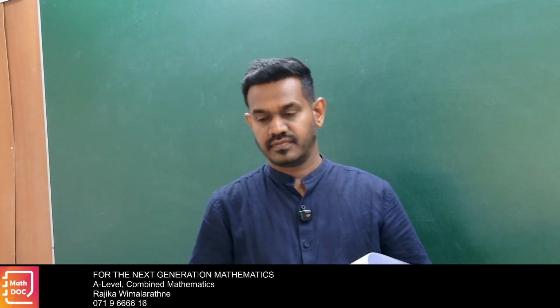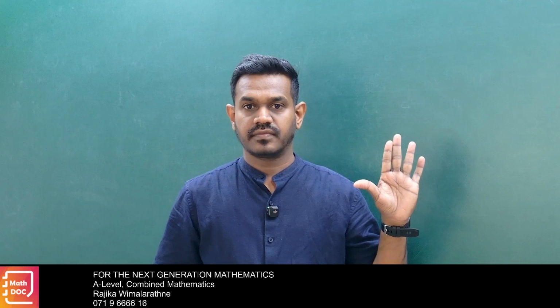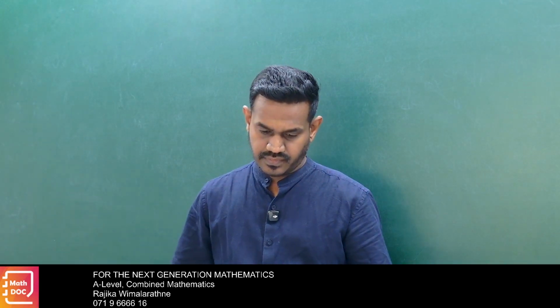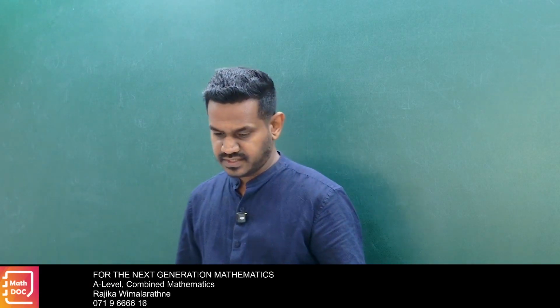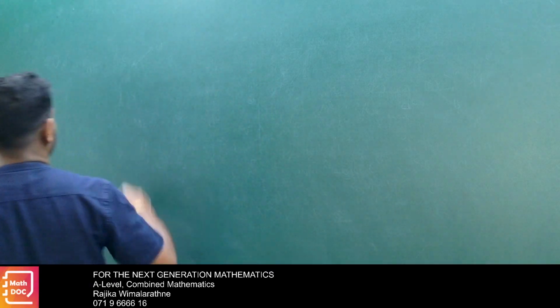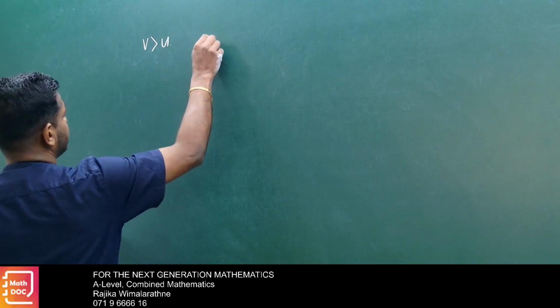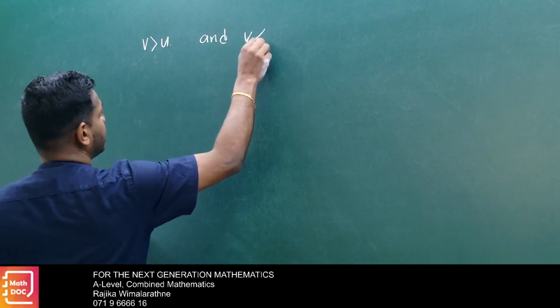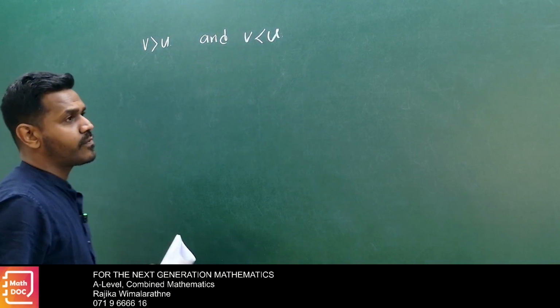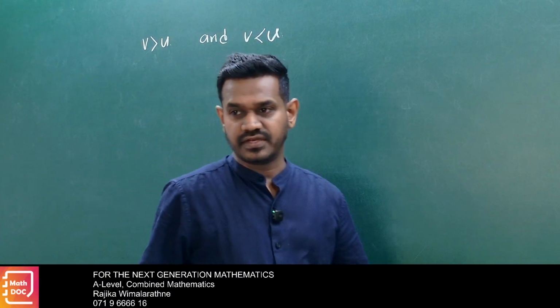Sketch velocity triangles for v greater than u and v less than u.